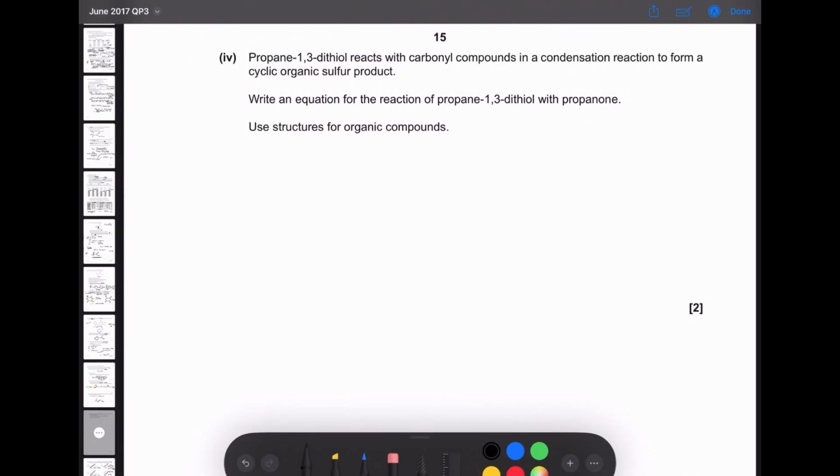Propane-1,3-dithiol reacts with carbonyl, that's C double bond O, molecules in a condensation reaction to form a cyclic organic sulfur product. Write an equation for the reaction of propane-1,3-dithiol with propanone. So draw these out. Propane is 1, 2, 3.